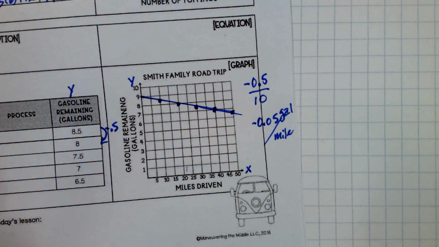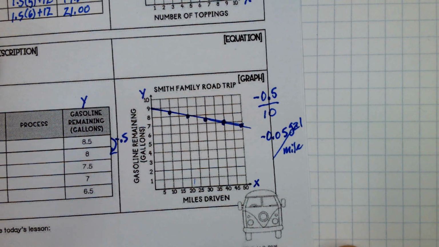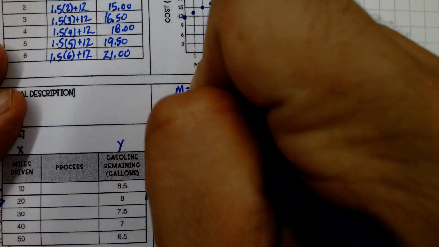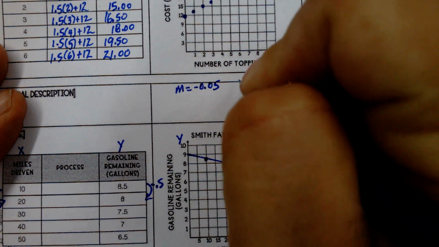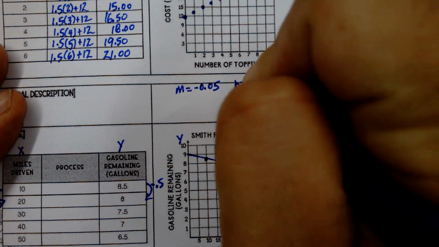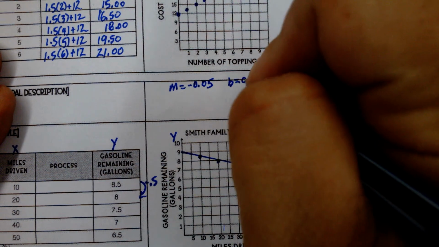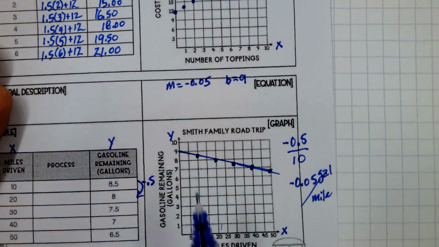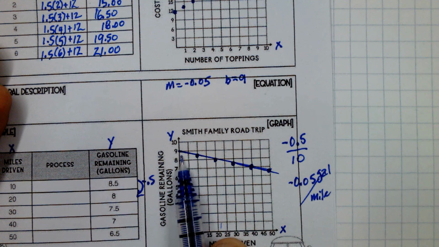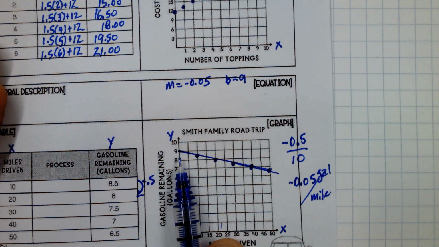Okay, so let's just see if we can get an equation from this. We have a slope, negative 0.05. We have a y-intercept, which is what number? 9. Okay, so basically that was 9 gallons.